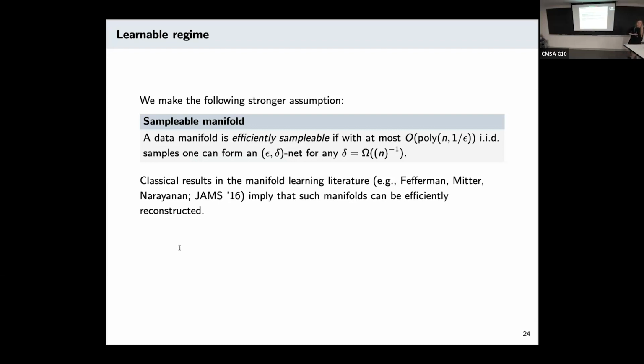That might seem like quite an abstract condition, but it's actually a condition that you can find in a lot of literature. For instance, for manifold learning, there's a whole literature in machine learning on how to construct manifolds from data.